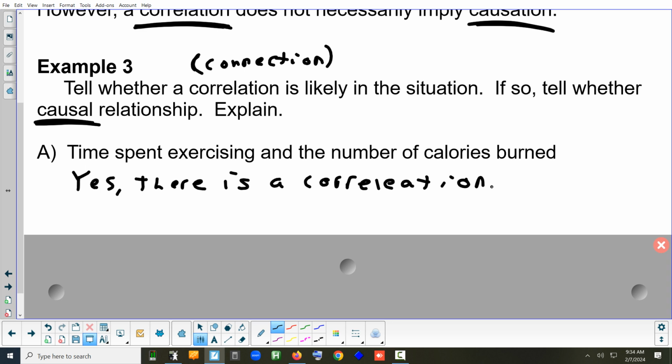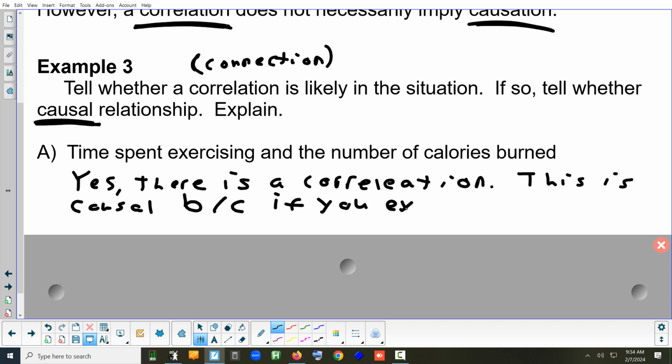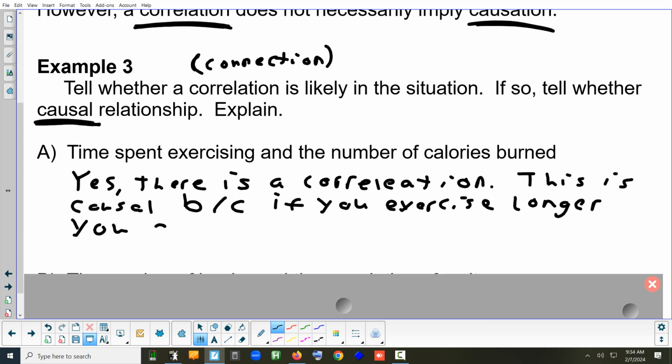So I'd say yes, there's a correlation, and this is causal, because if you exercise longer, you automatically burn more calories. There's no way around it. You automatically burn more calories.